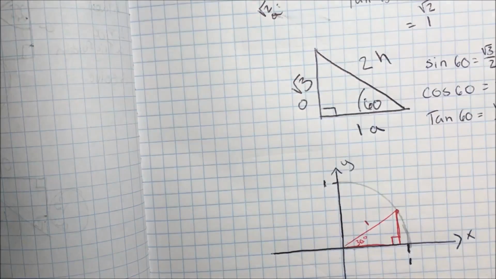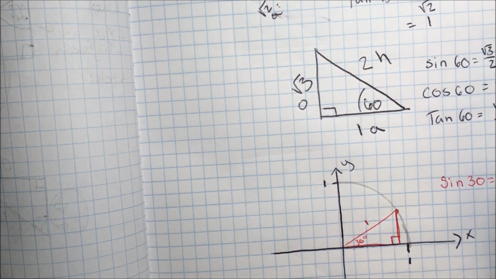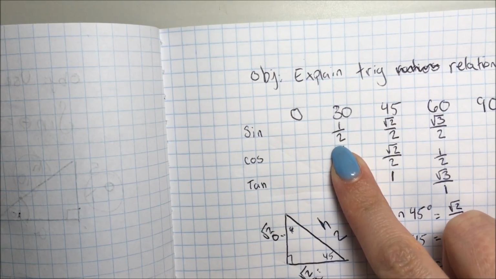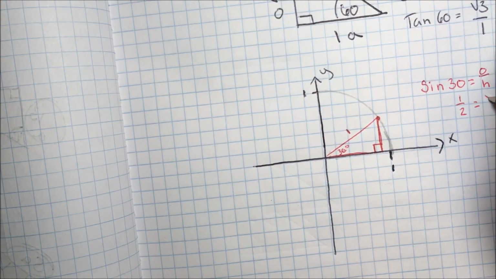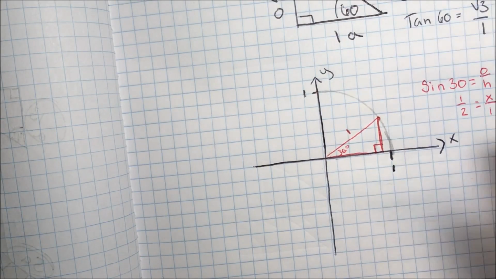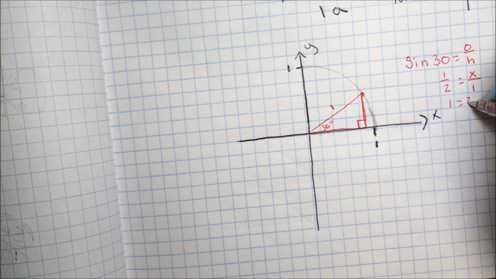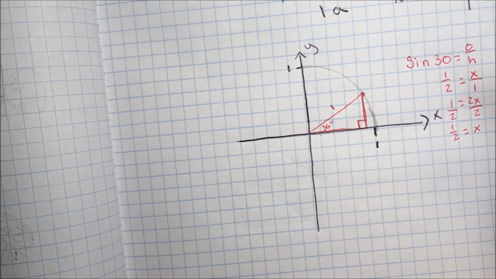So if I wanted to find this length right here, I'd do the sine of 30 equals O over H. I know from my chart that the sine of 30 is 1/2, and it's actually always going to be that. So I know that 1/2 equals x value over 1. Okay, so 1 equals 2x. So 1/2 is x.